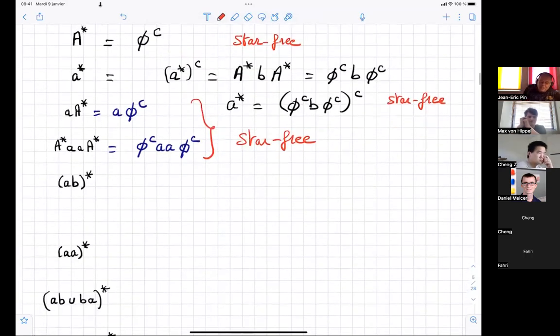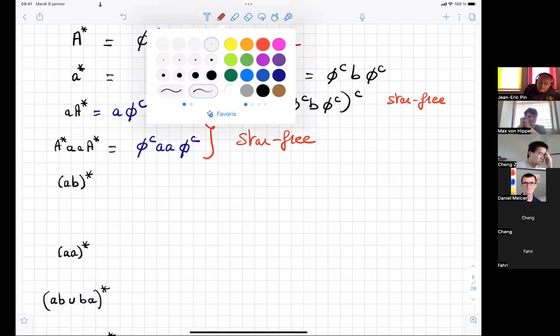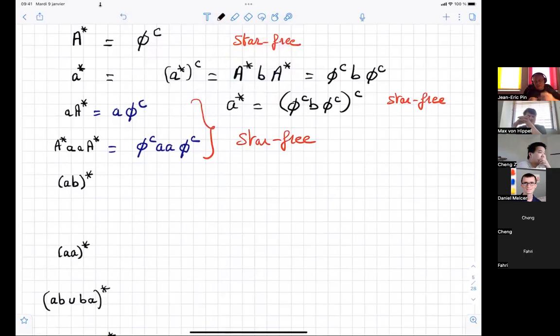Okay, let's move to the next one. This one is much more tricky, actually. But the trick again is to look at the complement. If you have ideas, please tell me, otherwise I will help you because that's not so easy.